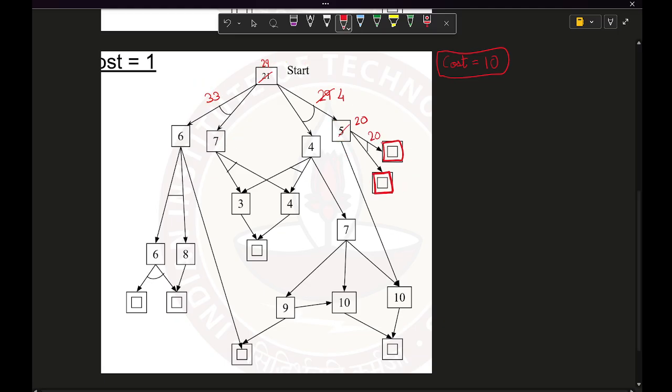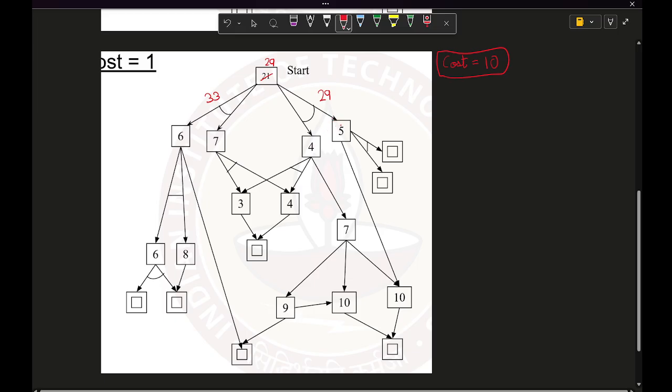Okay, let's do that sequentially again properly this time. So now we start off with this being 33, this being 29. So we pick 29 because that's a smaller one. We move on here because this is an AND node. We see that the 5, this node is the maximum one.